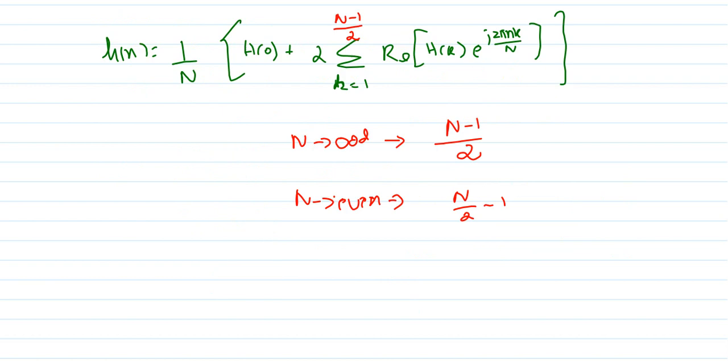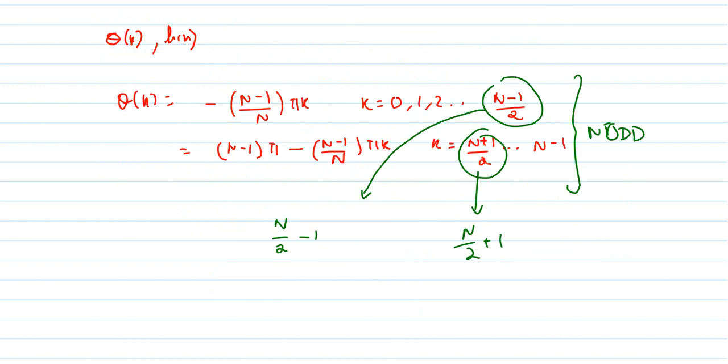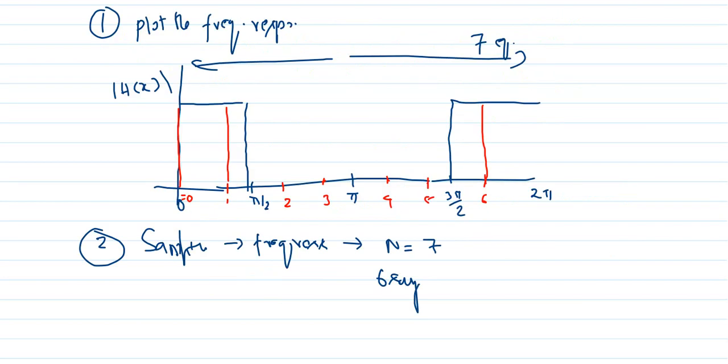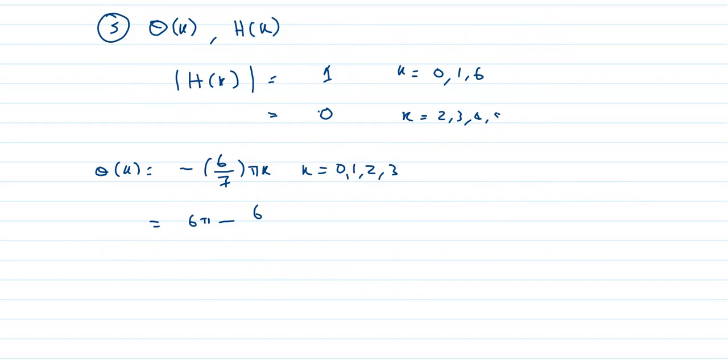Refer to these formulas that we have given here. You will get it as 6 pi k by 7, where k is from 0 up to 6. We don't have 7 here; we'll restrict up to 6 because the limit goes up to n minus 1. Now this is my theta value. This I can further reduce to 6 pi, if I take it as common.